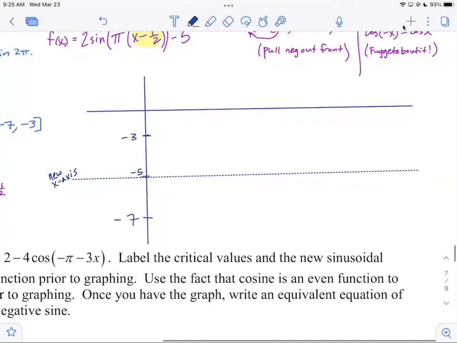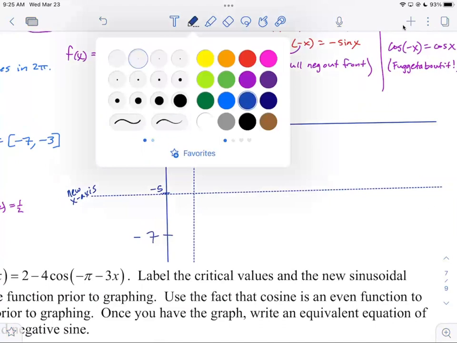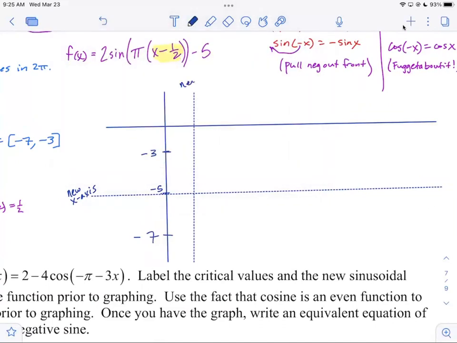About right here. Good enough. This is like your new y-axis, but it's your vertical line, x equals 1/2. Let's call this y equals -5. Let's label this. So now we have our new origin.